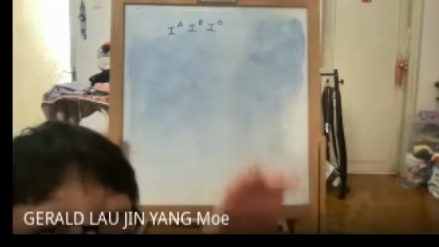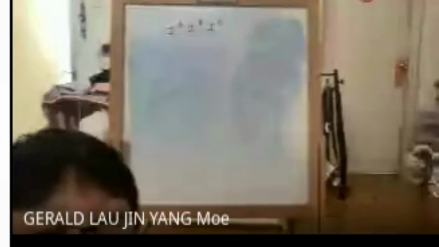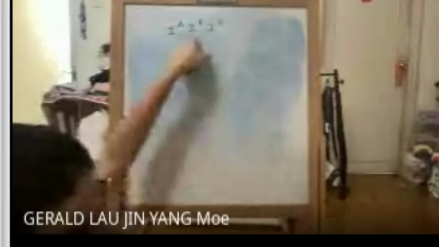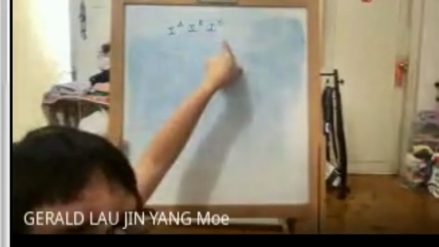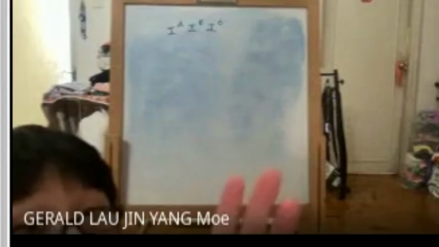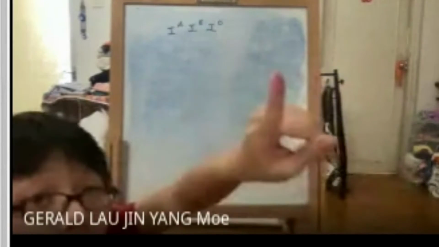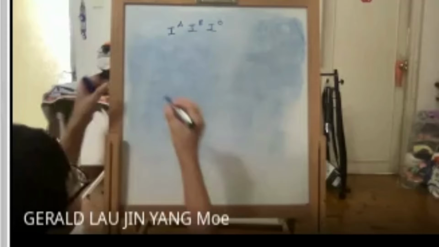A and B are dominant, I^O is recessive. Understand?